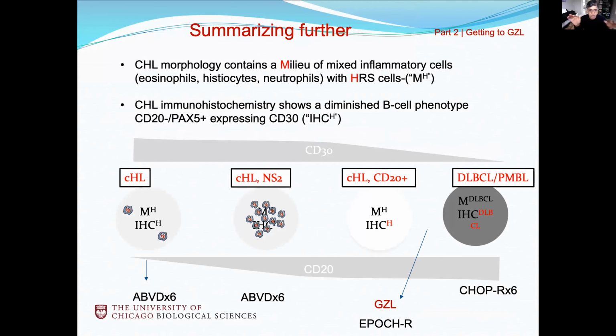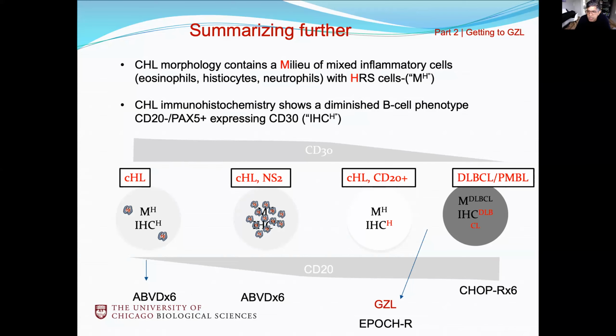So summarizing all of this, we learned about the milieu business, we learned about the CD20 status and the 4 subtypes of classical Hodgkin lymphoma, including the nodular sclerosis variant with lots of cells, and then the CD20 positive Hodgkin lymphomas published by Portlock that did worse with Hodgkin therapy. And of course, we don't know what these CD20 positive Hodgkin lymphomas really are because those cases were not vetted.